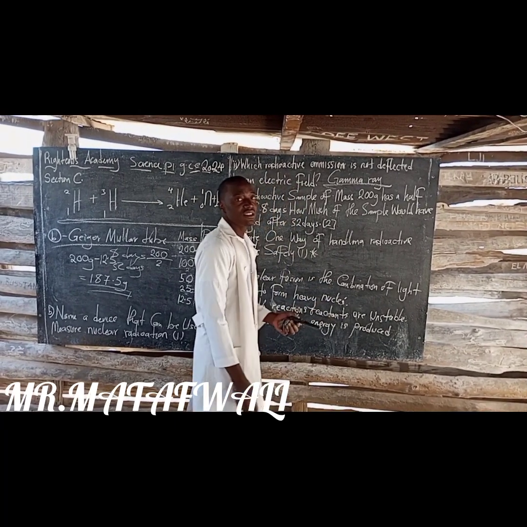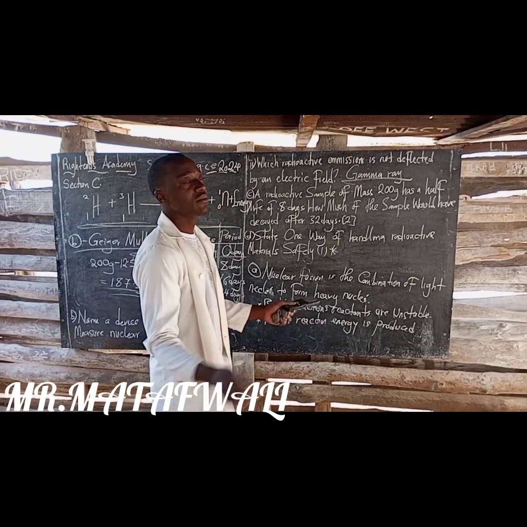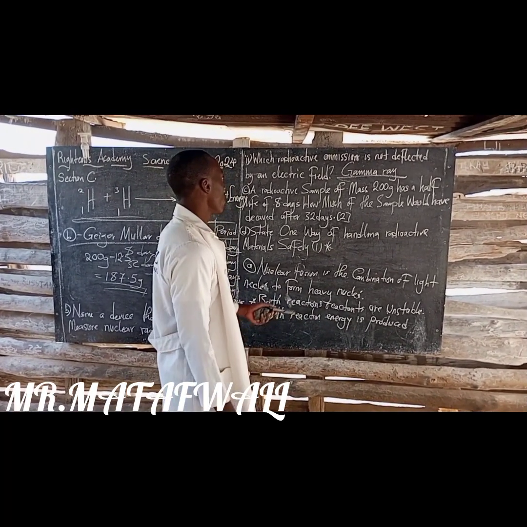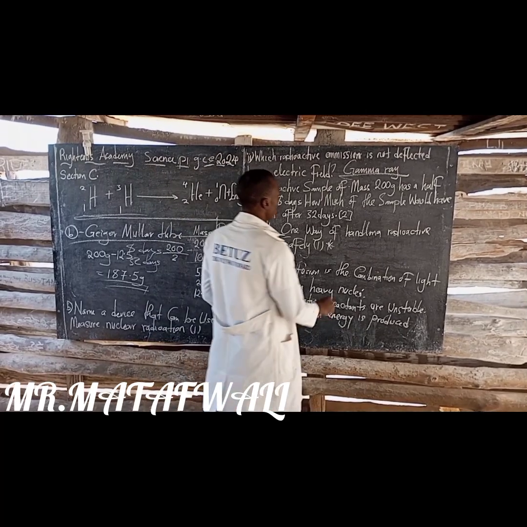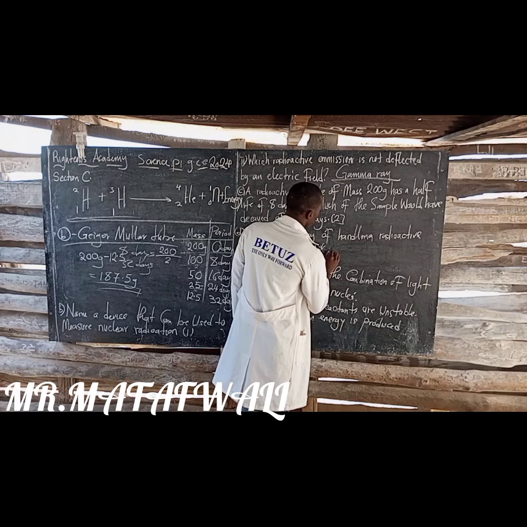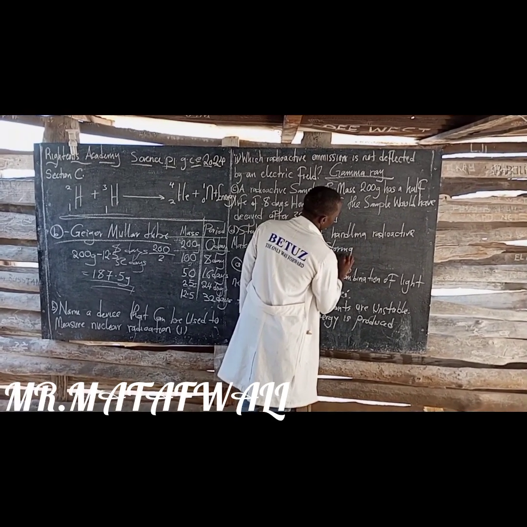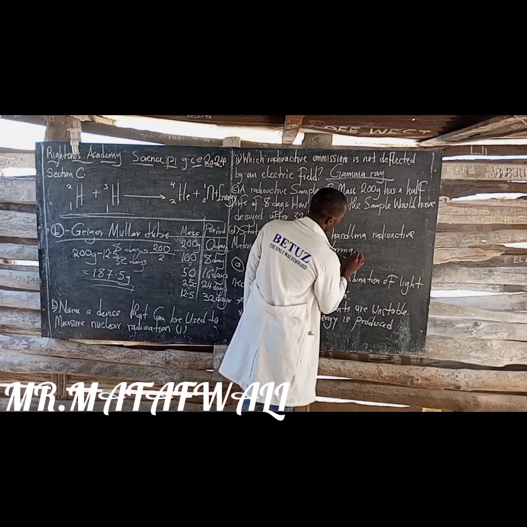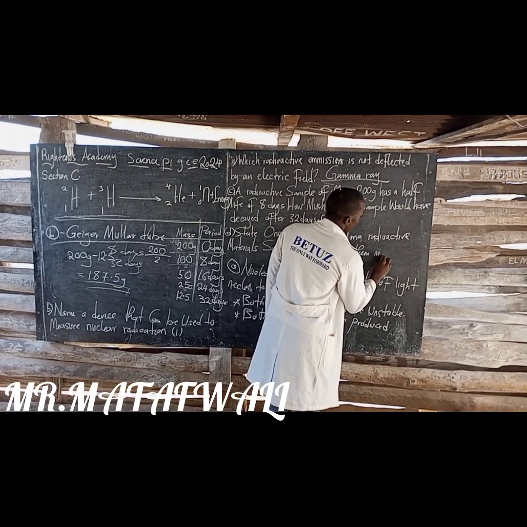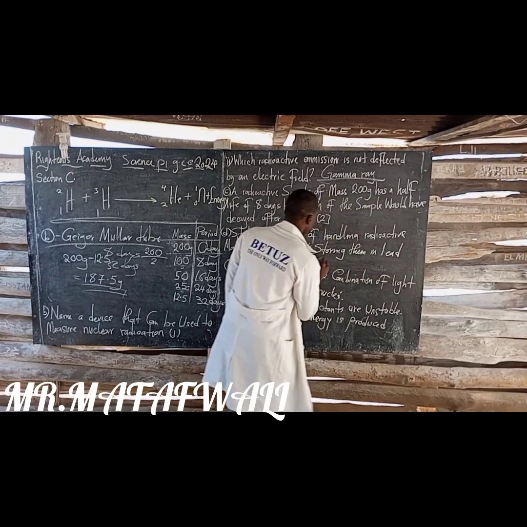Since lead boxes are substances which are even capable of stopping emissions of gamma rays. So we are going to write the answer for question D as storing them in lead boxes.